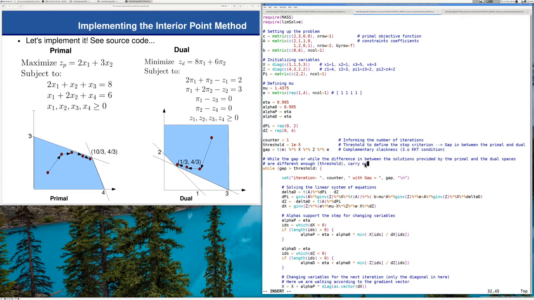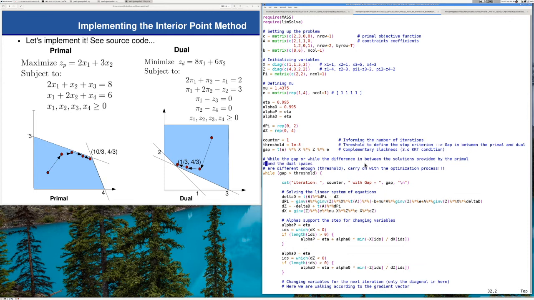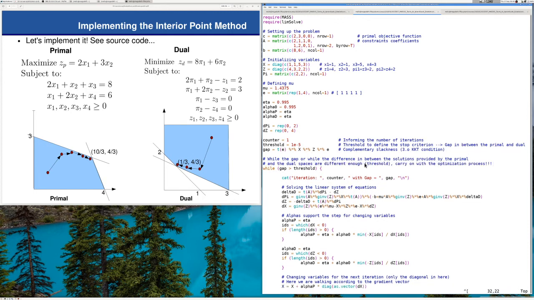Carry on with the optimization process. Quite nice, isn't it? Easy to understand what's happening now, I hope, giving all possible details I can for you guys. So I hope this is understandable.